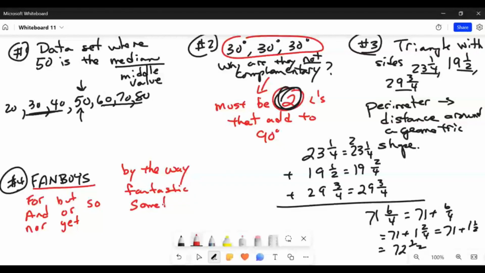Sometimes is not a coordinating conjunction. Nowhere is not a coordinating conjunction. So the four that you should have had checked should have been those four. All of the others were coordinating conjunctions.